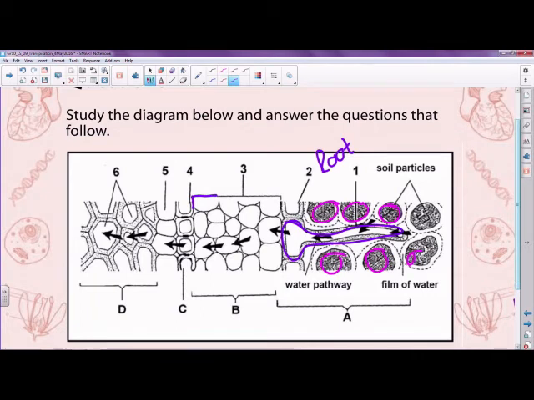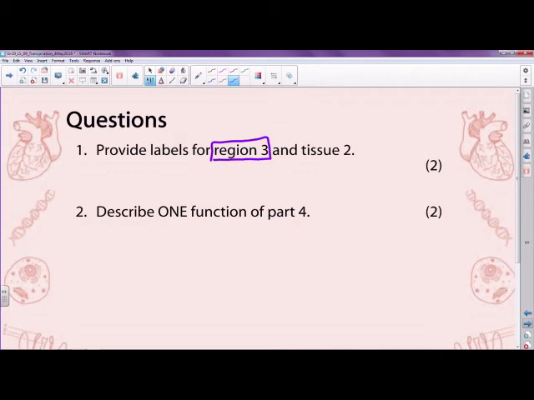They asked you for the region. So if you said parenchyma, you are wrong. They didn't ask you for the tissue. They asked you for the region. So region number 3, your answer should have been cortex, the whole region with the different cells.